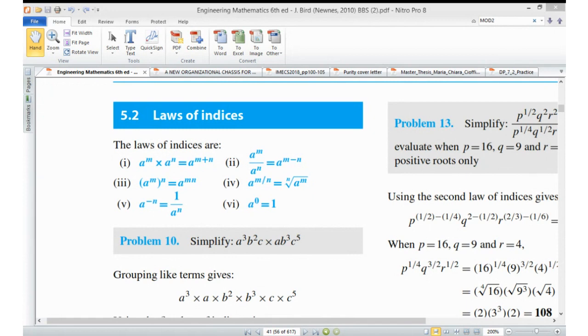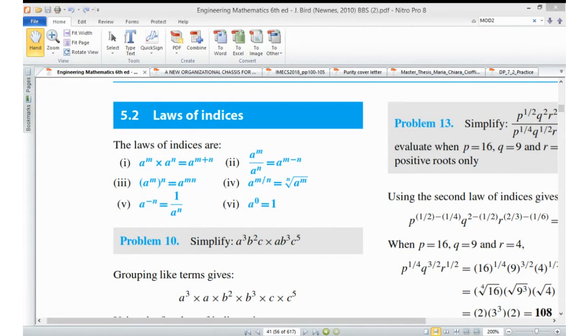To work with algebraic expressions that involve powers or indices, it is necessary that we know how to handle the powers. That is the reason why we have what we call laws of indices, the same way we're going to look at laws of logarithms.